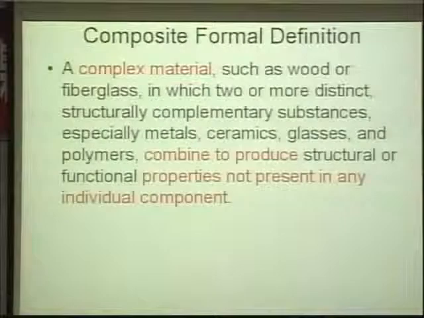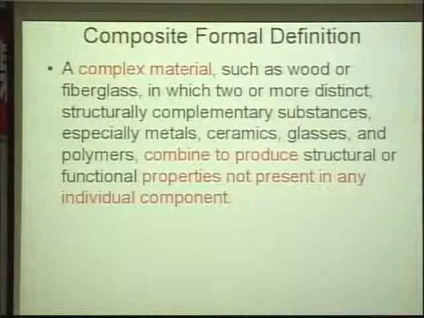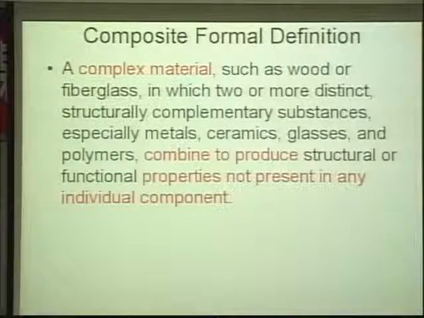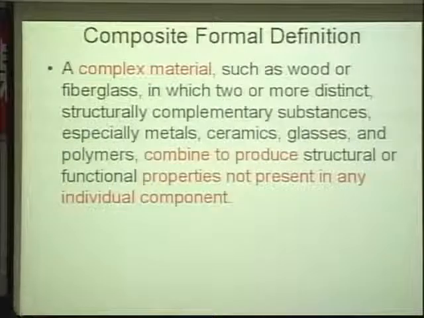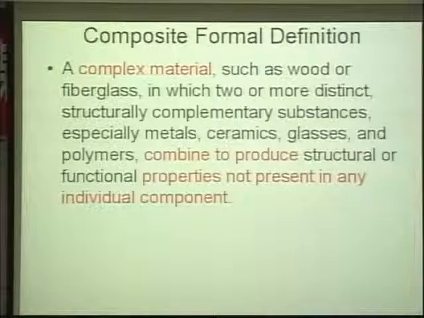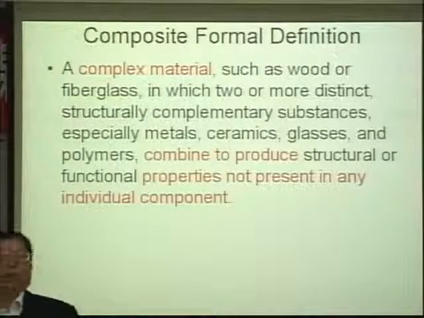All right, so what is a composite material? A composite material is typically a man-made material composed of two or more different types of components put together. We call those constituents. Although composite material is defined like that, it has actually been with us for a long time.